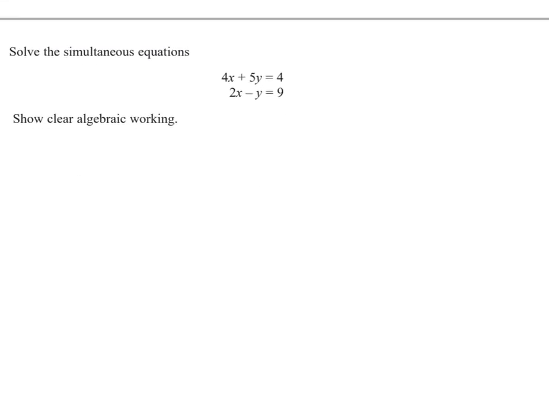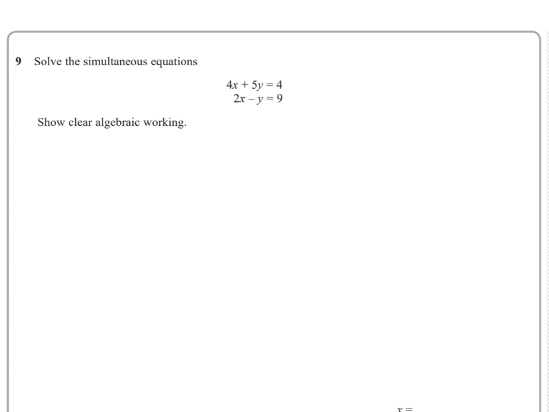Okay, solve the simultaneous equation. So we want the same number of y's or the same number of x's. I'm going to get the same number of x's, because if I double the bottom one, I'm going to get 4x minus 2y equals 18. Now, I've got 4x plus 5y equals 4.